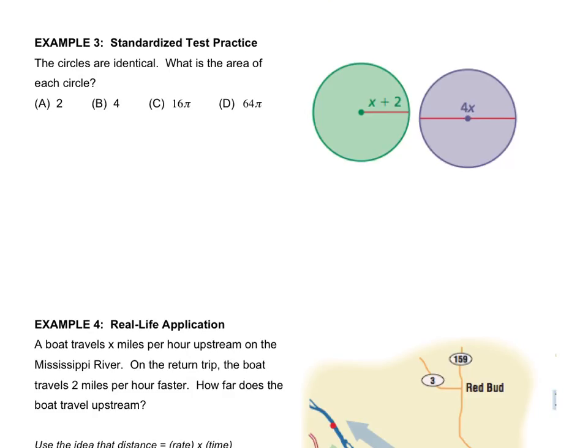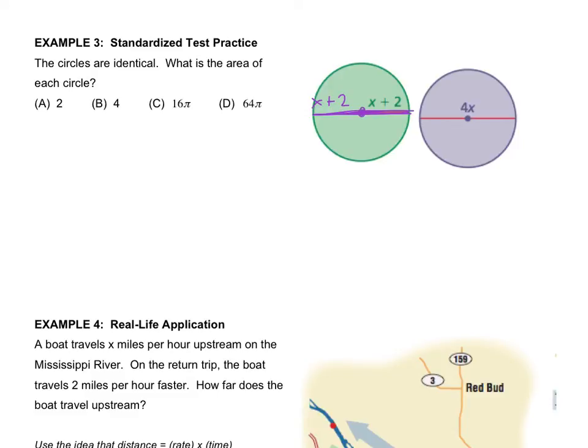The circles are identical. What is the area of each circle? So in this one, we've got a radius marked, and in this one, we've got a diameter marked. Well, this is a radius, so if you double it, you'll get the same thing. Since they're identical, it's the same thing. So this is x plus 2, right, because it's another radius on the other side.